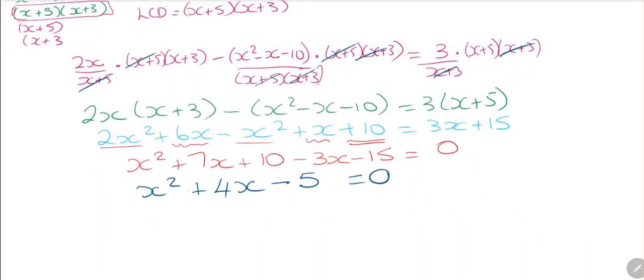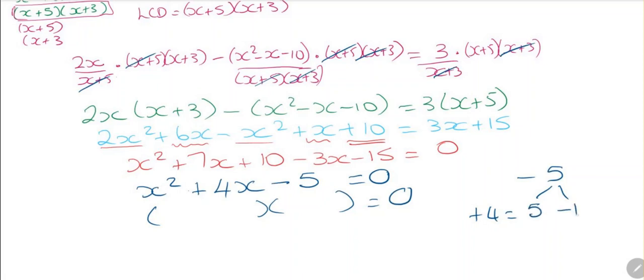So what we need to do now is factor this. So factors of minus 5 that will add to give us plus 4 is going to be plus 5 and a minus 1. So x plus 5 and x minus 1.